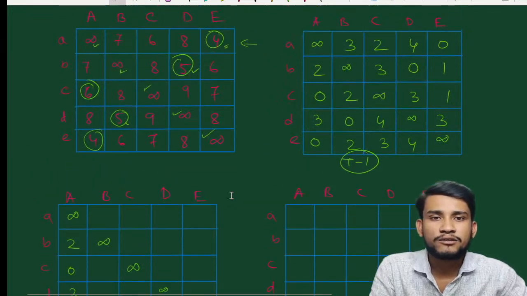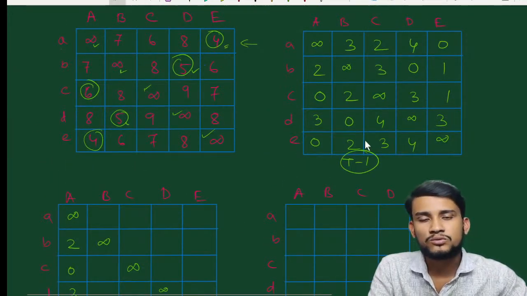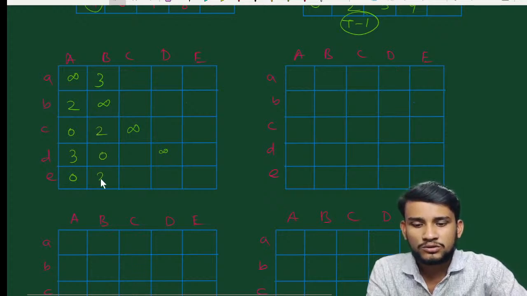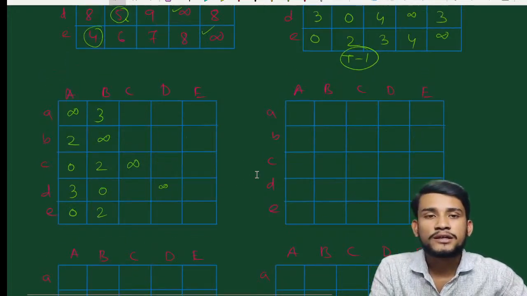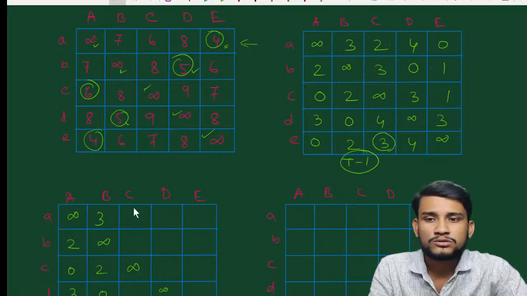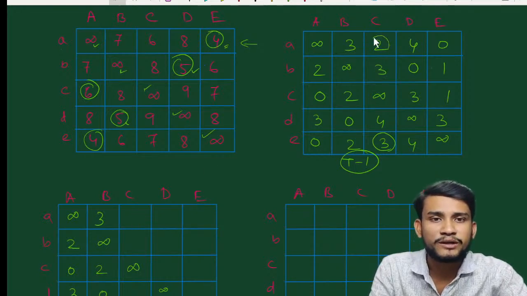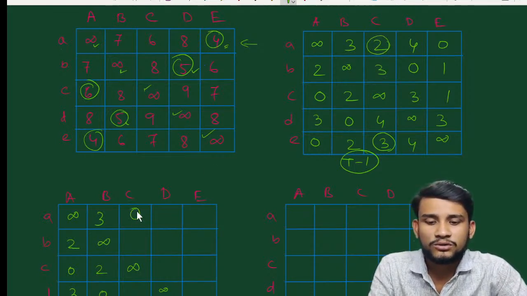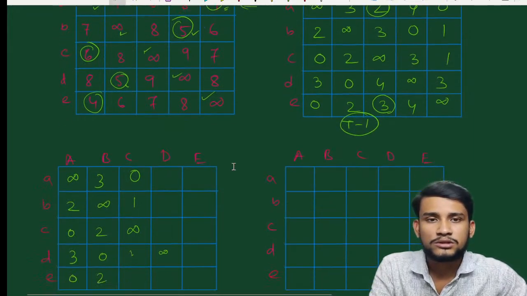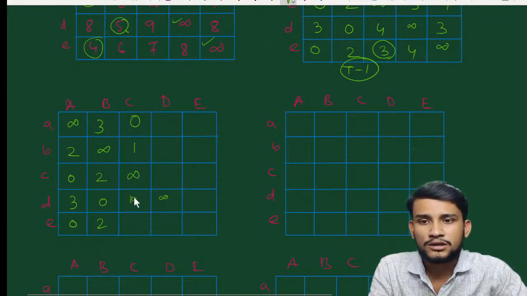In the second column, 3, 2, 0, 2 also has a 0, so it stays the same. In the next column there is no 0, and 2 is the minimum element, so subtracting gives 0, 1, 2, and 1.